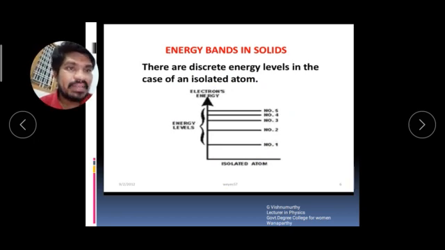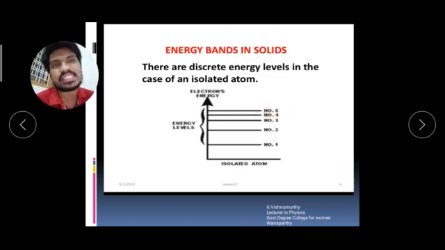The energy levels are classified depending upon the occupation of electrons. I will explain next class. If you see this, number 1, number 2, number 3, number 4, number 6 are called the energy levels present in the isolated atom.